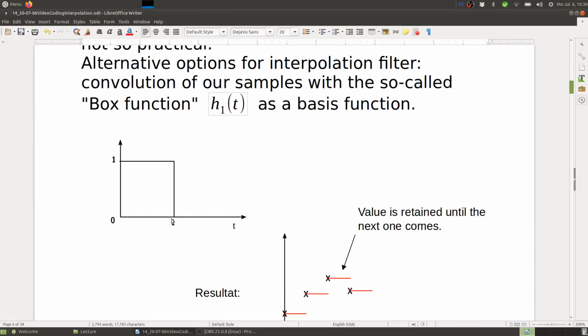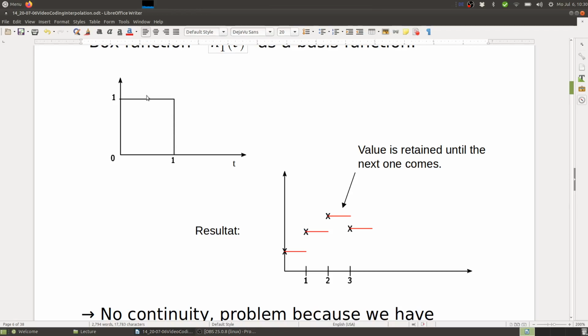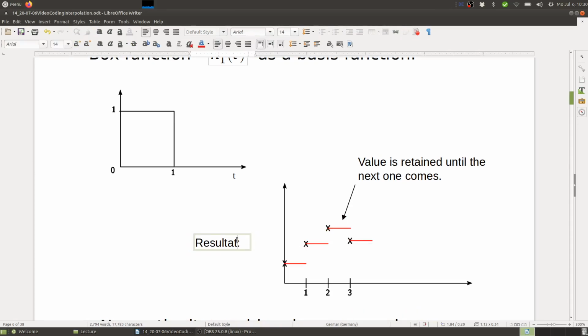So this is kind of the opposite extreme. Instead of going from minus infinity to plus infinity, this just goes from 0 to 1 and is 0 outside this interval. But when we try to use this filter here as an interpolation filter, then this is the result, right? It's actually a piecewise constant function. So this should be the result.